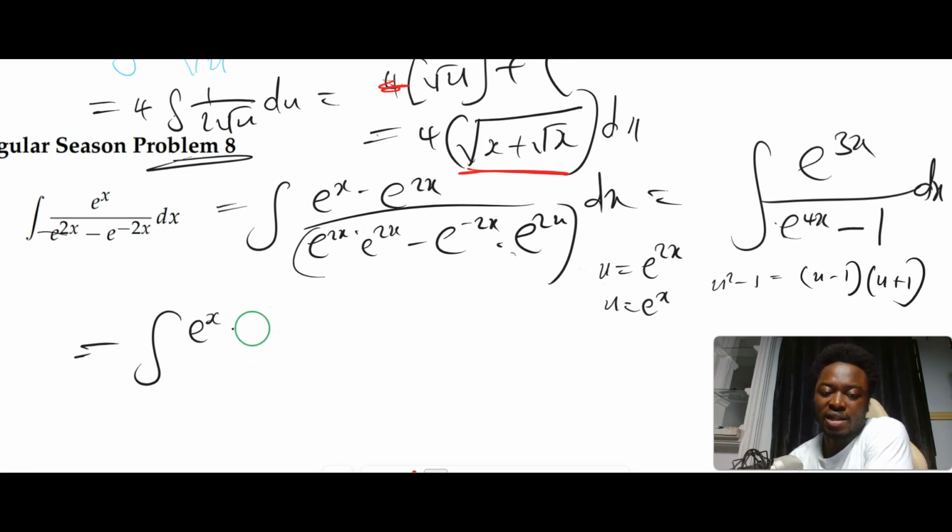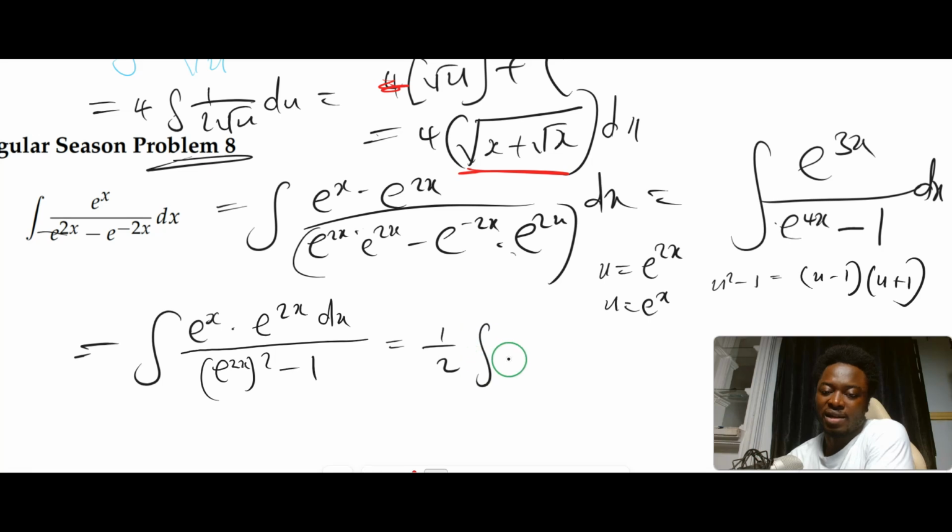You will have e to the x times e to the 2x, dx, all divided by e to the 2x all squared minus 1. So if you take the substitution I provided earlier, you will get a half times the integral of, now e to the x becomes square root of u, so you have a square root of u all divided by u squared minus 1, du.